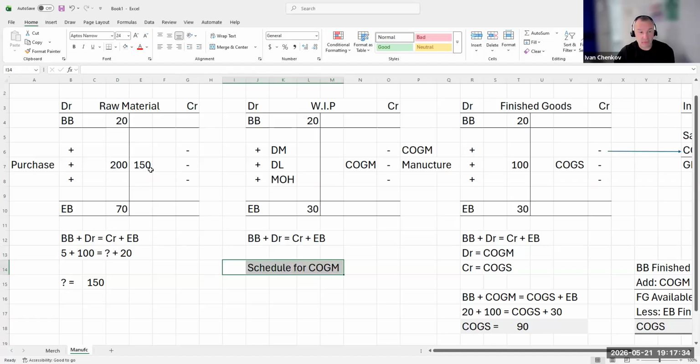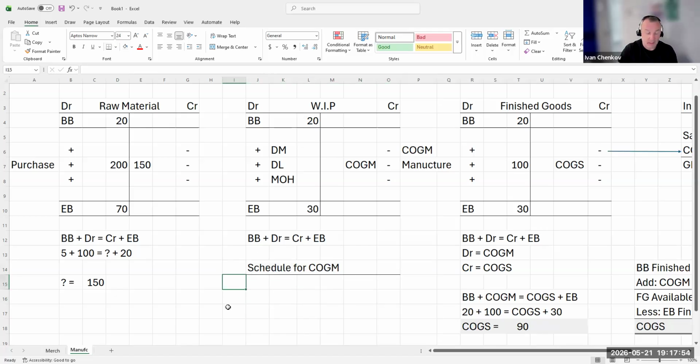First we have to do the calculation for the direct material used. Then we have to add direct labor and manufacturing overhead, add the beginning balance, deduct the ending balance, and get cost of goods manufactured. And that's how we're going to get this cost of goods manufactured schedule.